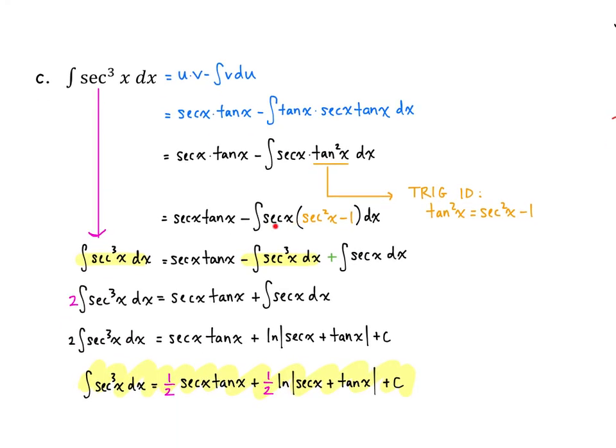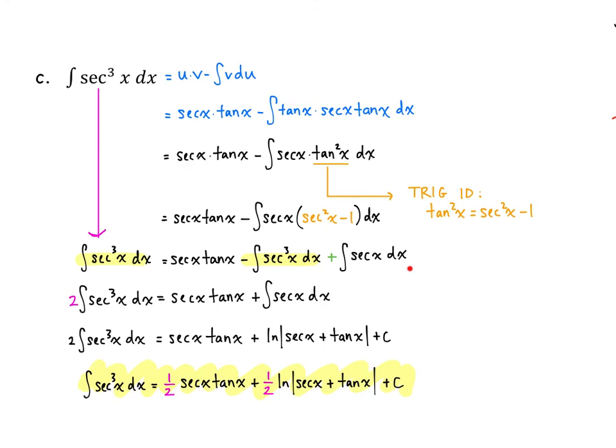All right, so distributing that secant to both of those guys inside, and then I'm splitting up that integral. So we get minus the integral of secant cubed dx, secant times secant squared, a negative times a negative, that's why we have to change that to a plus the integral of secant of x dx.